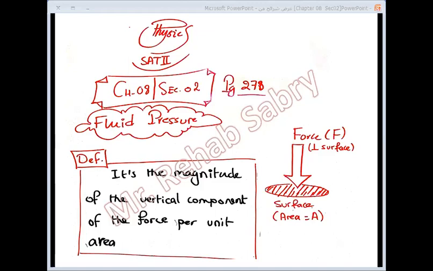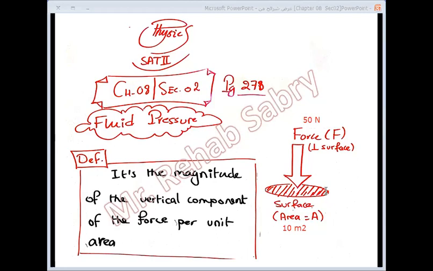For example, if I tell you that this area is 10 meters squared, and this force which is affecting on it is 50 newtons.